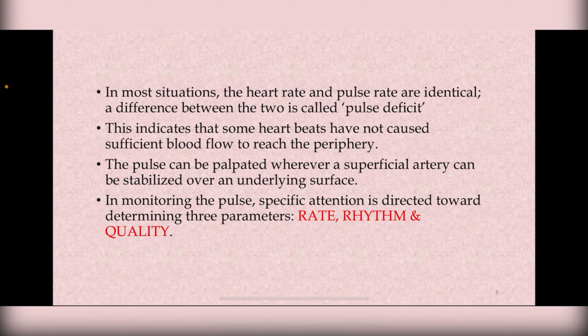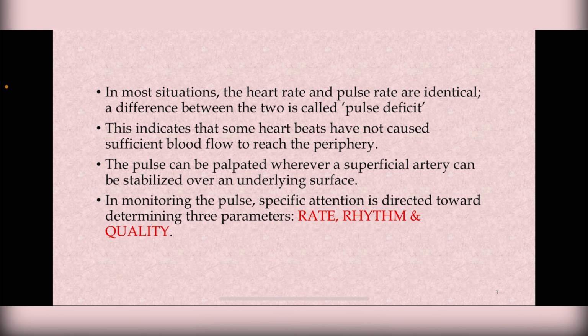Now next, in most situations, the heart rate and pulse rate are identical. A difference between the two is called pulse deficit. This indicates that some heartbeats have not caused sufficient blood flow to reach the periphery. The pulse can be palpated whenever a superficial artery can be stabilized over an underlying surface.